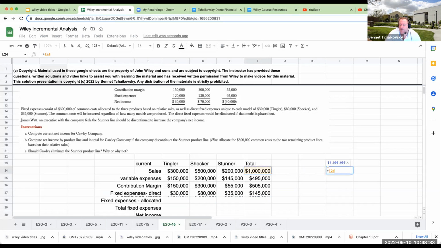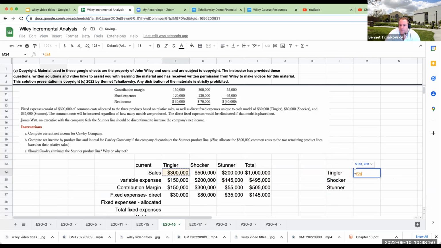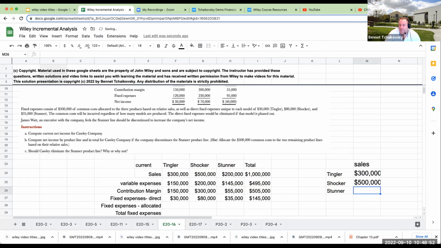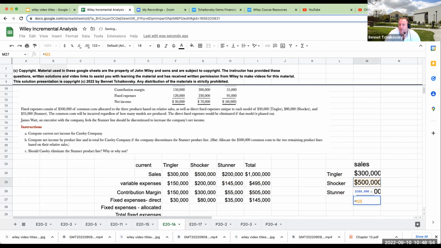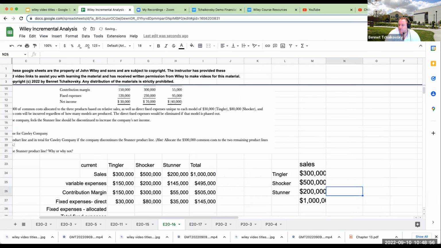So my allocation for Tingler, Shocker, and Stunner is based on 300,000 of common costs, and this is being allocated based on relative sales. So if I take my sales of Tingler, Shocker, and Stunner, and it's being allocated based on sales, I want to find the percentage of the total sales.